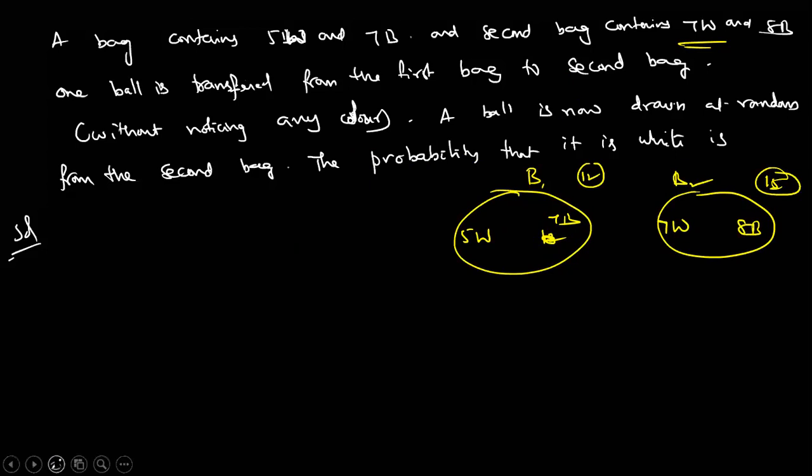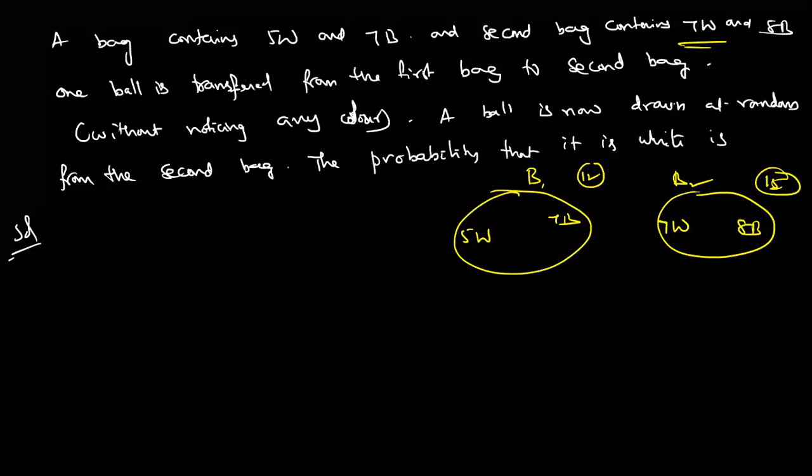Good. How do you approach? Akhil, Maurya, anyone? Rushita? What is the answer? How do you approach? The bag contains 5 white balls, 7 black balls. And second bag contains 7 white balls and 8 black balls.